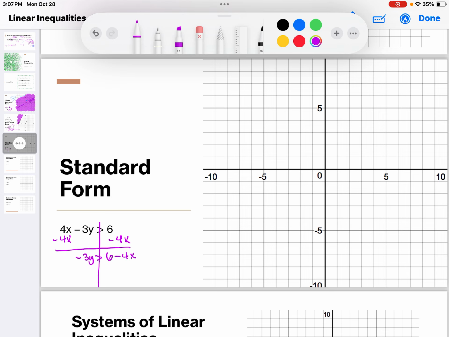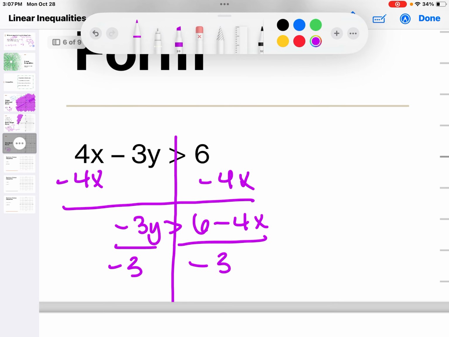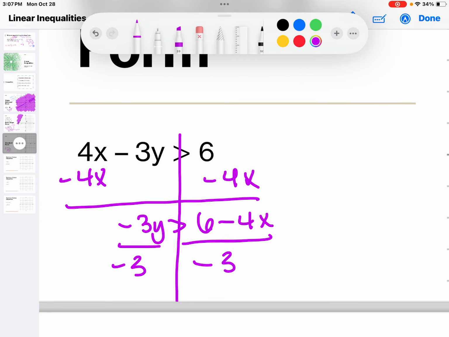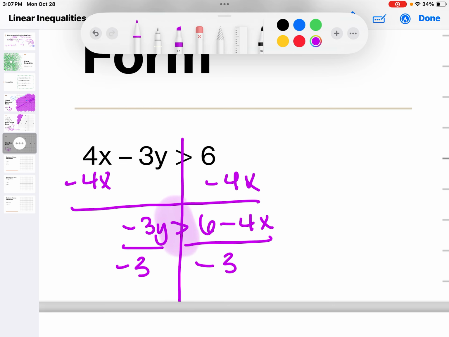And what am I going to do after that? Divide by negative 3. Oh no, wait a minute. When I'm dividing by negative 3, what's going to happen to this inequality sign? It's going to flip. So it's going to say y is less than negative 2 plus 4/3 x.